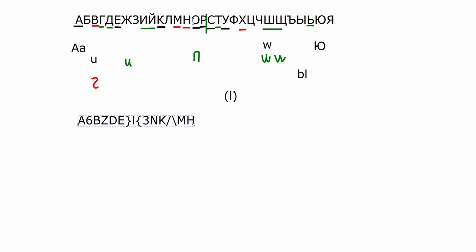Capital H for the N. O. And then for the row we have a P. And then just a C, a T, a Y is close enough. And then how did I do that for that.